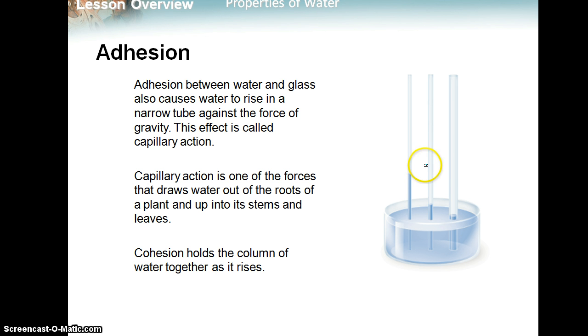One of the ways that we see this, and we could do this in class, is we could have a water bucket and different sized tubings, and some of that water will be drawn up through the tubing. This is due to what we call capillary action. This is how plants get their water from the roots up through their stems and to their leaves.